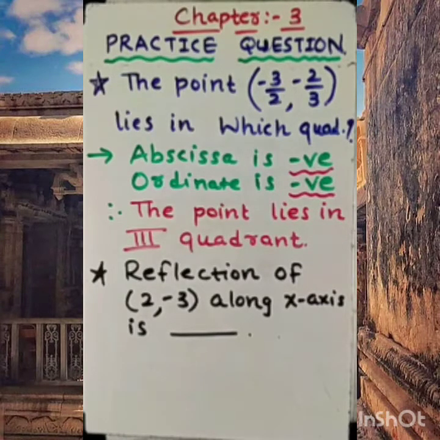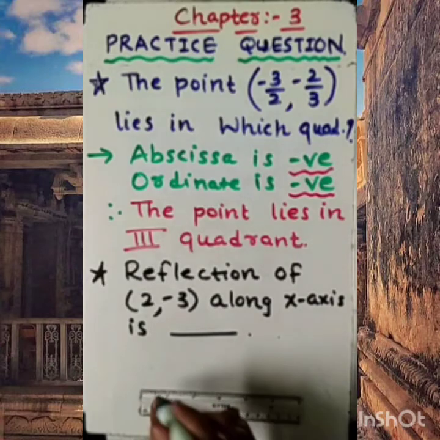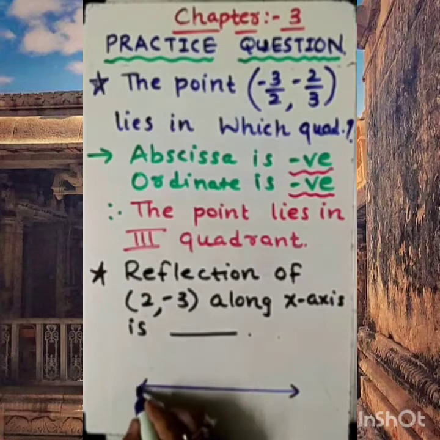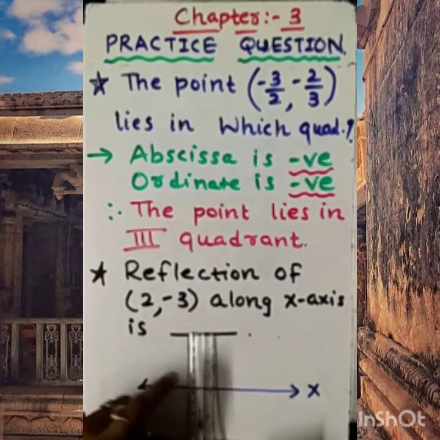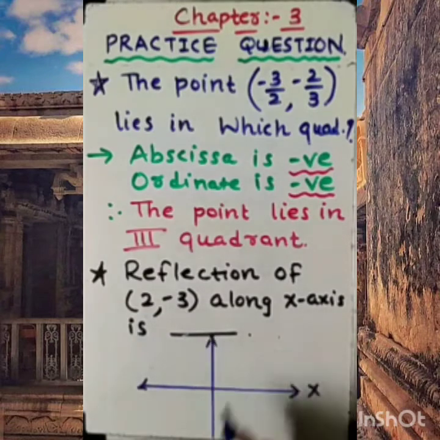Now see, simple, roughly I am drawing for a better understanding. I am drawing here the x-axis. This is x-axis and this will be the y-axis. Agree? This is the origin. Now which point? (2, -3).